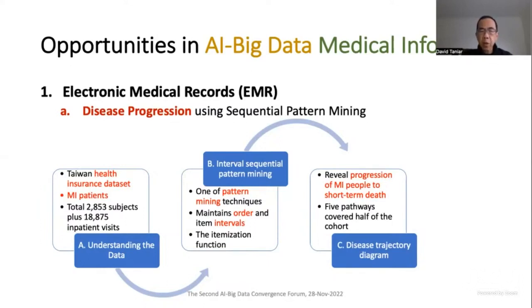We focused on myocardial infarction, which is basically a heart attack. Based on our analysis, the first year after the heart attack is very important. So we need to analyze what kinds of diseases may progress before they get a heart attack.